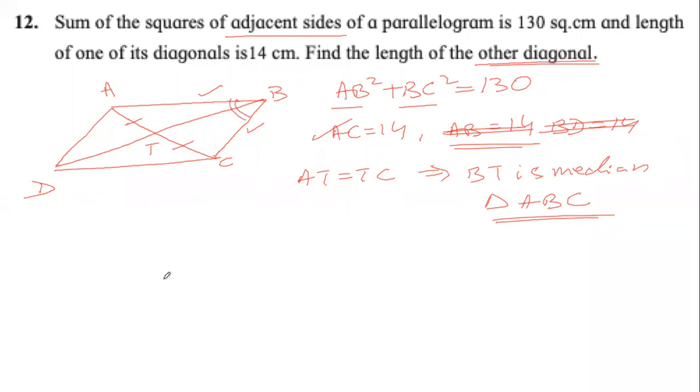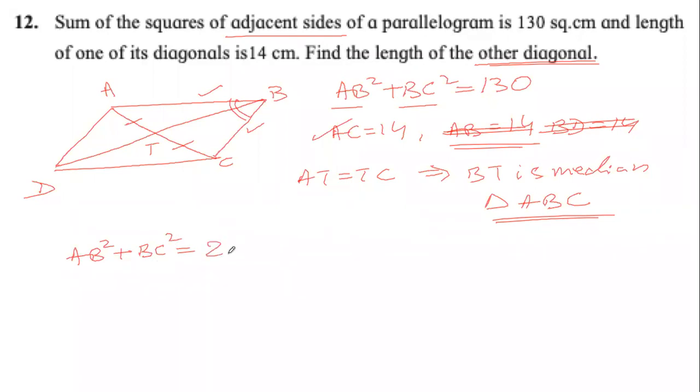If it is a median in triangle ABC, this is the angle that we are considering. We can apply the Apollonius theorem. I will write the LHS, you will tell me the RHS. AB square plus BC square equals to, come out of mute and speak, quick. Okay, I'm going with what Chand has typed.